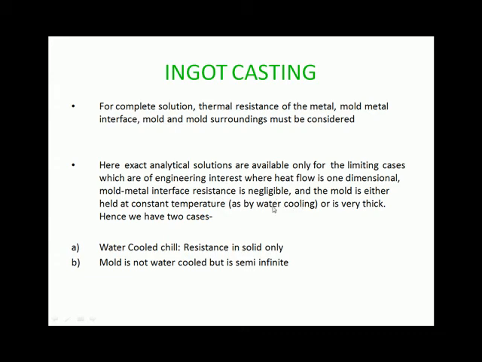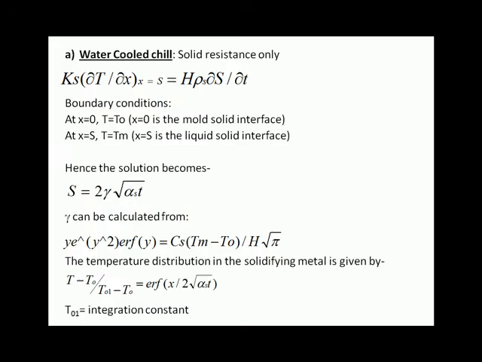So the mold is either held at constant temperature, the first case, or is very thick. So we have two cases: a water-cooled chill, which has resistance in the solid only, where the mold is maintained at one temperature, which is water cooled. And the second is where the mold is not water cooled, but it is semi-infinite, which I have described earlier.